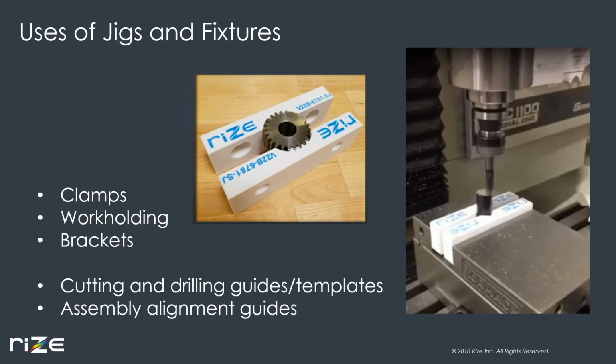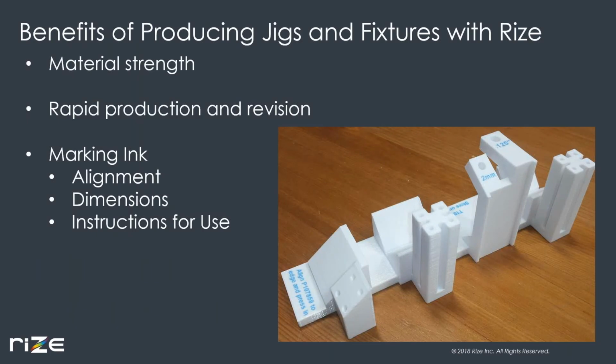Next, I'll discuss producing these parts and how to get the best results. So producing jigs or fixtures with RIZE has a few benefits compared to other methods. When compared to many other 3D printing methods, RIZE parts have a high material strength, and strength is quite important for holding workpieces steady during tooling and during repetitive presses.